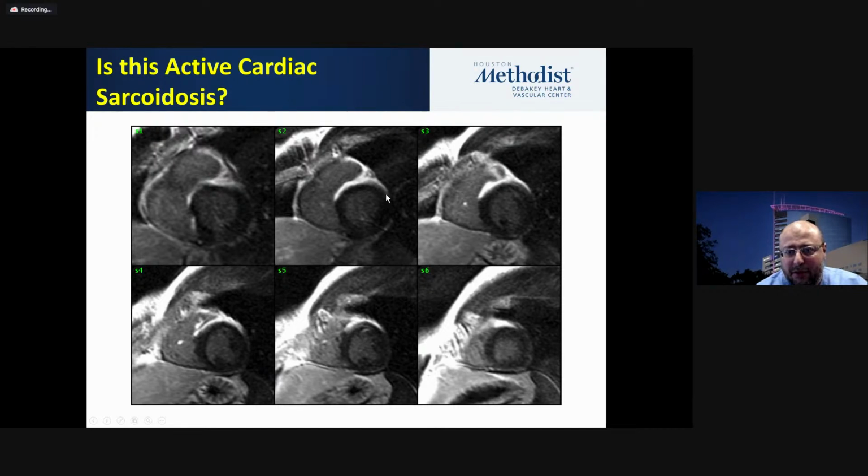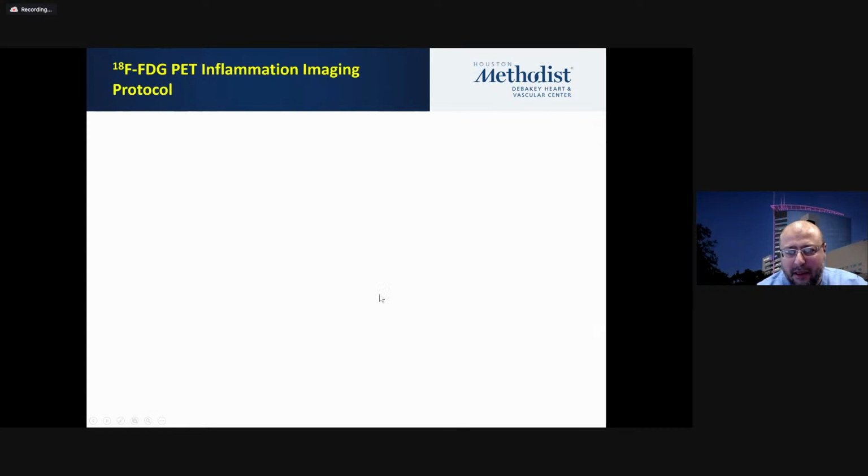However, if we image this patient after some time, we don't know whether this is going to go away or remain there. And you don't know how active the VT is, because of scar or because of active inflammation. There are some tools in MRI that can help, but I'll show you here the role of FDG PET in the assessment of inflammation.